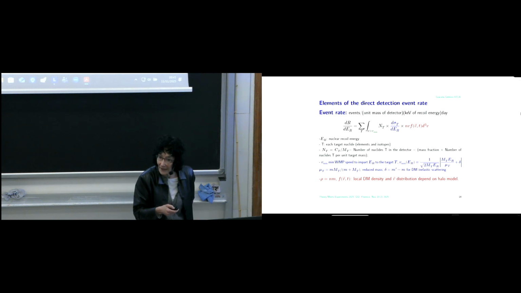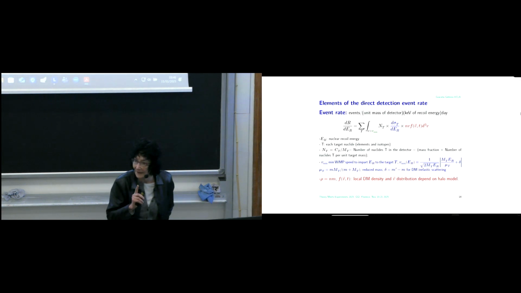For every recoil energy, there is a minimum speed of the projectile that will be able to provide you the recoil energy that you want, or larger, okay? Because this is at a fixed differential. It's at a fixed energy, the recoil energy.